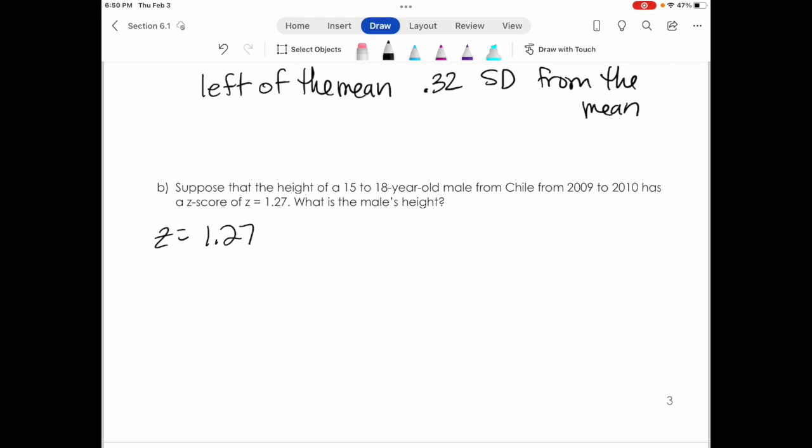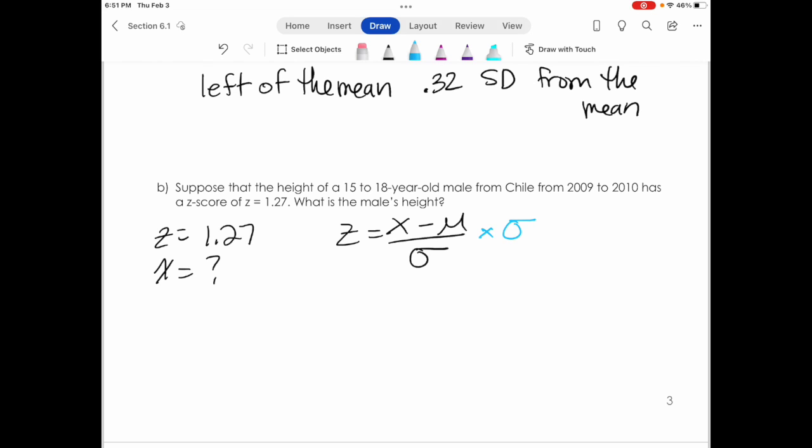So now this is a little bit different because we've got to work backwards. We can still use our formula, but now we have to look at it in a different way. Since I want to figure out what my value of x is, and I know everything else, I'm going to solve this equation for x.